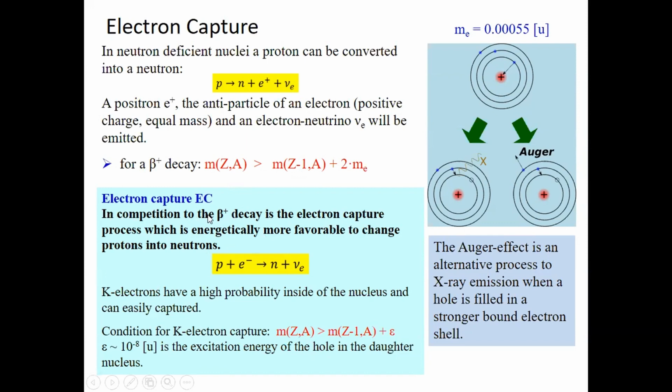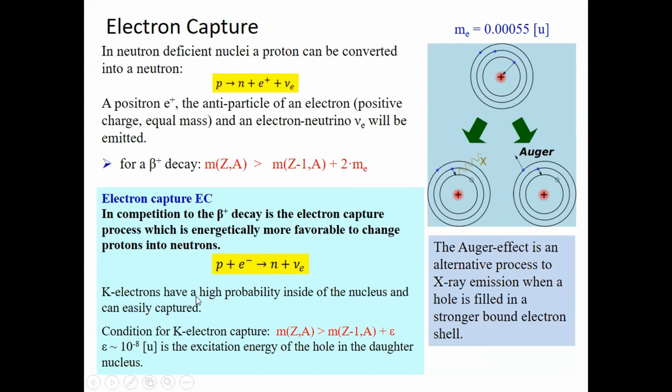Electron capture, as a competitor to beta plus, is a process in which the proton more favorably gets converted into a neutron by absorbing an electron and emitting a neutrino.